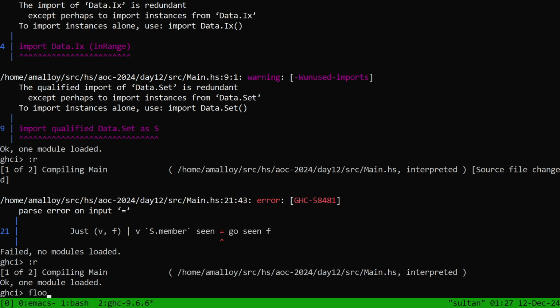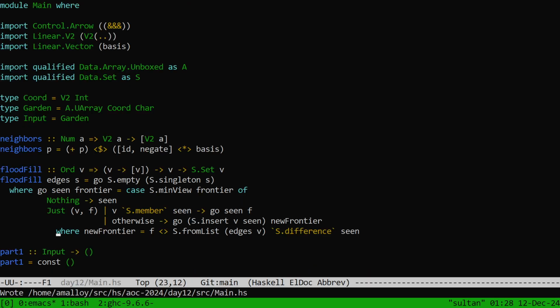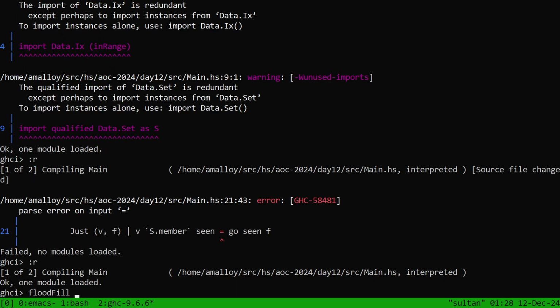So we could test this very quickly if we said flood fill of 1? No, wait, order, it needs the order first. So const 1, 2.